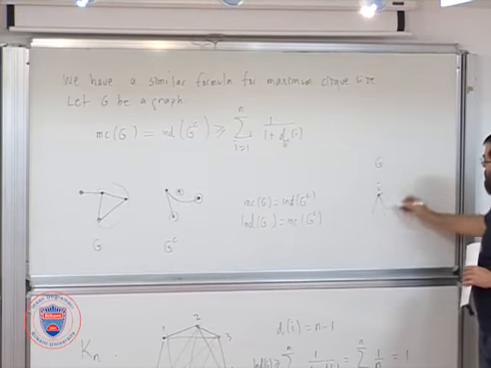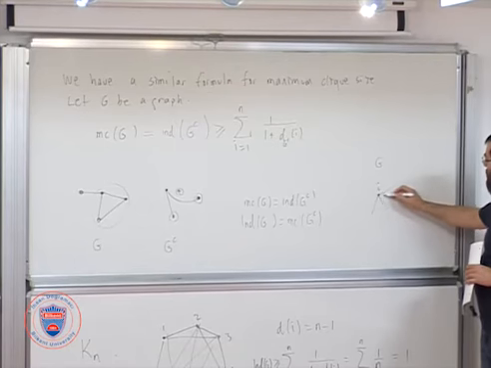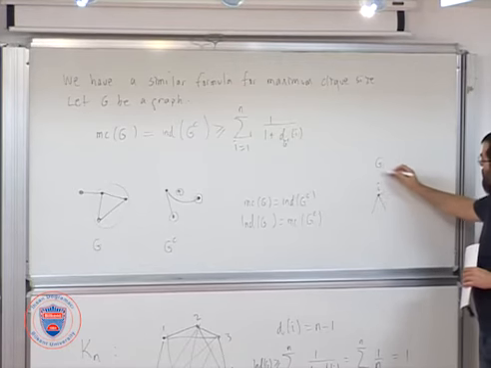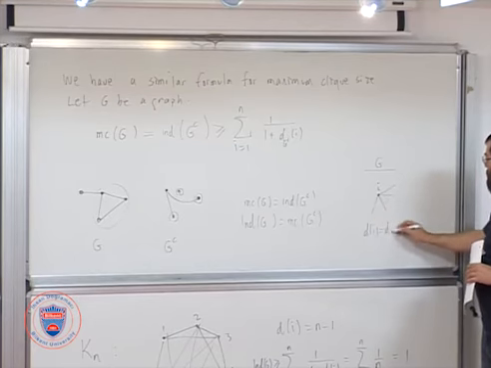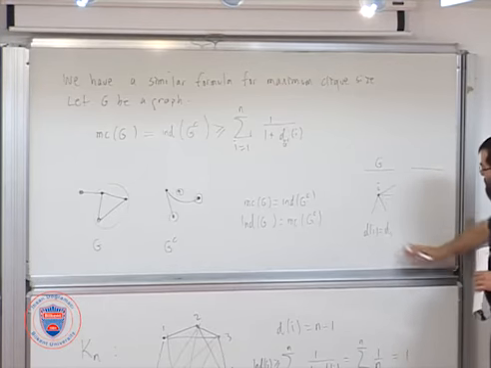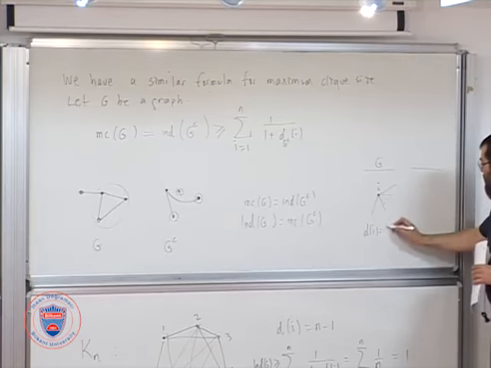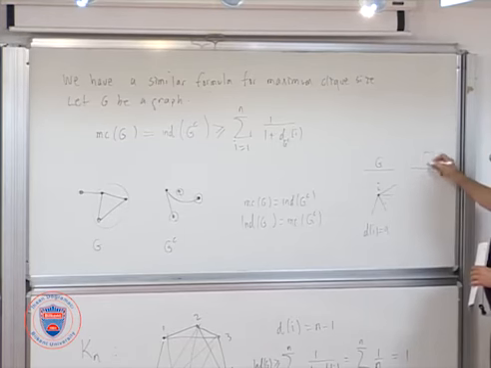So suppose in G it has degree a. What will be, in the complement graph, the degree of the same vertex?